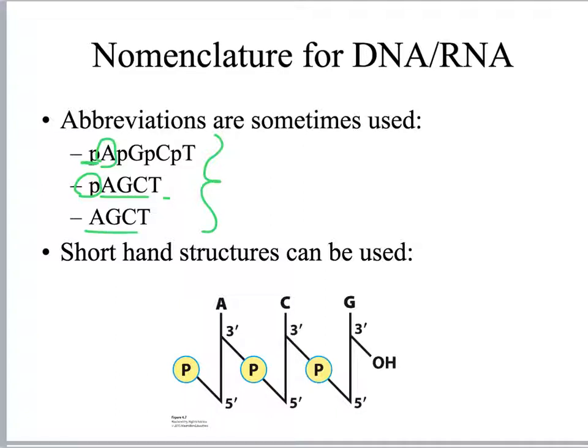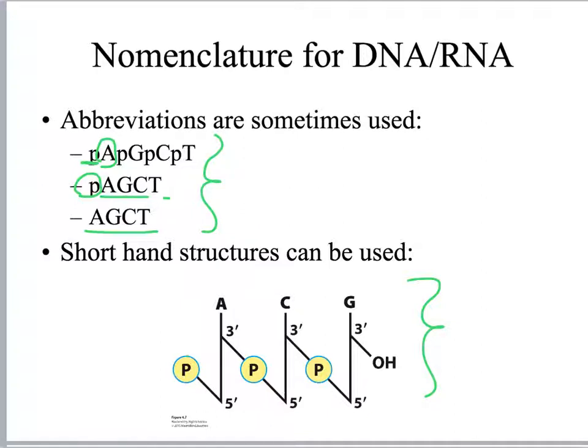Or we can just list the bases and know that we're talking about DNA or RNA, so it implies that sugar phosphate backbone. We can also use a shorthand drawing structure where we're showing that 5' to 3' directionality, and we can write the base sequences moving in this direction.